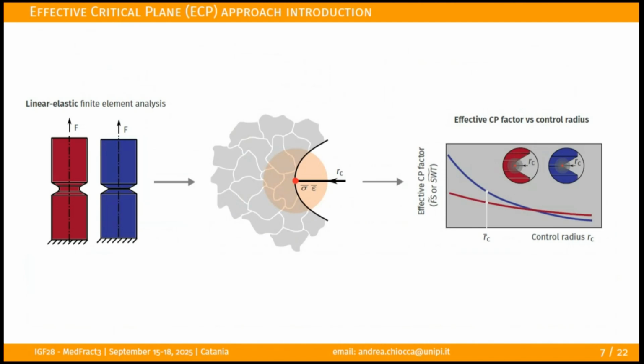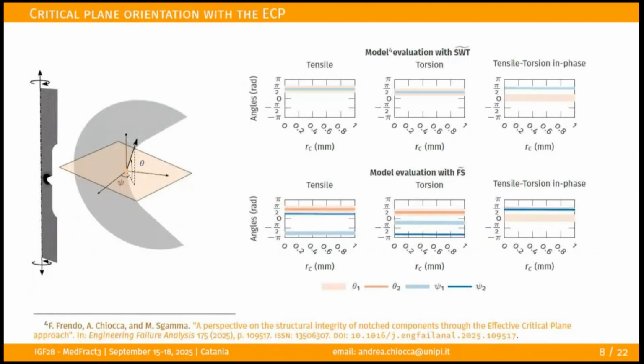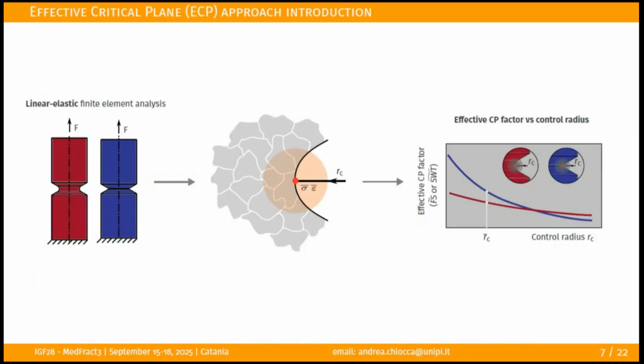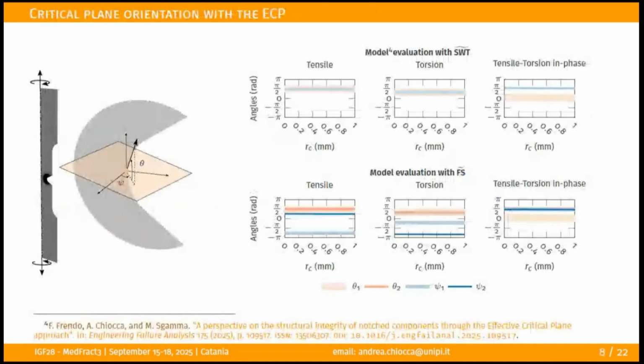Something we discovered that we didn't really think about is that even if the effective parameter changes by changing the volume, the critical plane does not change. Here you see the angles defining the plane. Usually you can define a plane by 2 angles.